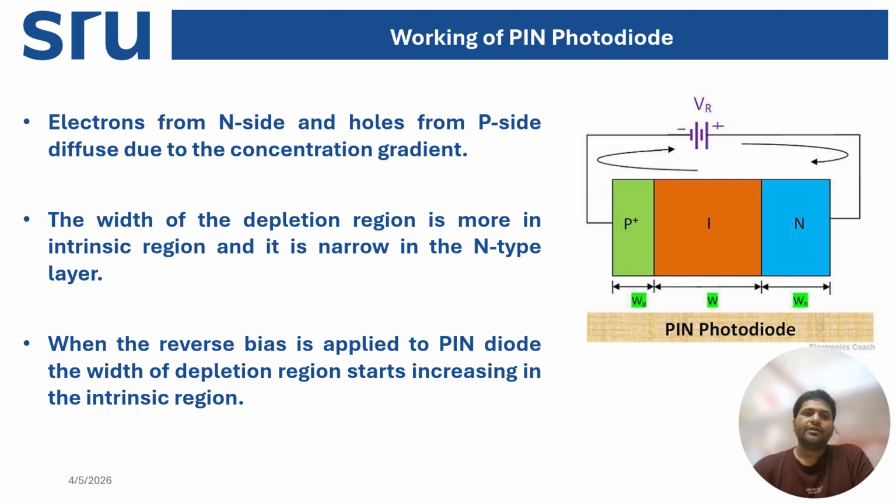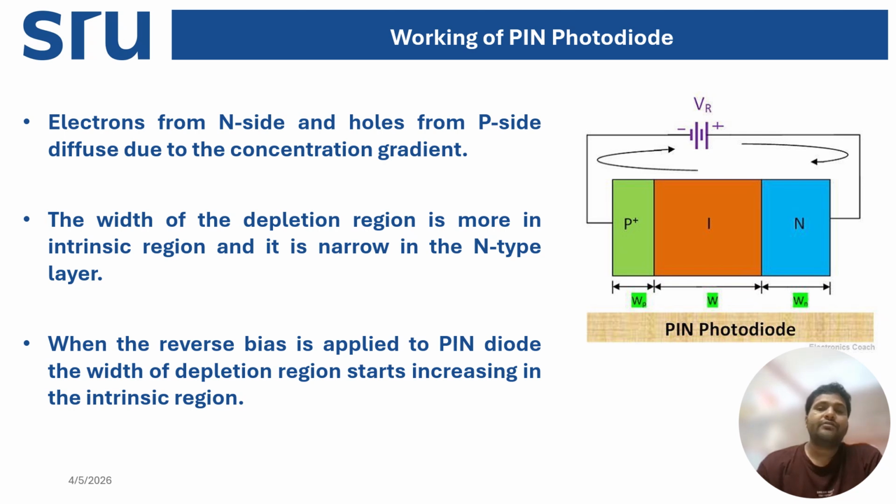So, photon absorption: when light falls on the device, photons enter the intrinsic region. If photon energy is greater than or equal to the band gap energy, it generates electron-hole pairs.